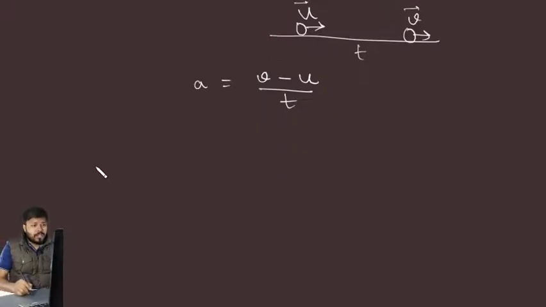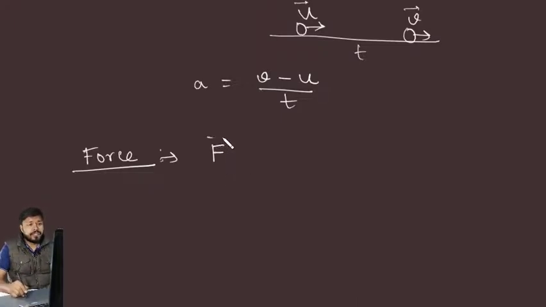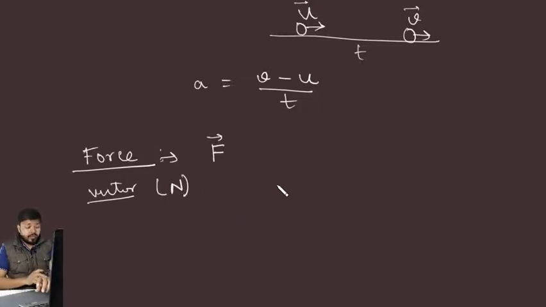The last variable we will be talking about is force. What is force? Represented generally as F. It's again a vector quantity. The SI unit is Newton. Basically, it's a physical quantity, an external influence needed to change the state of rest or state of motion of a body, or to change the shape of a body.